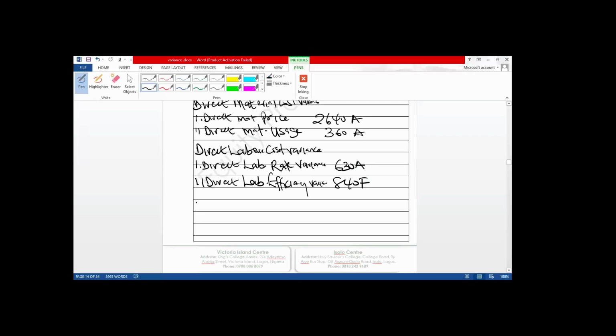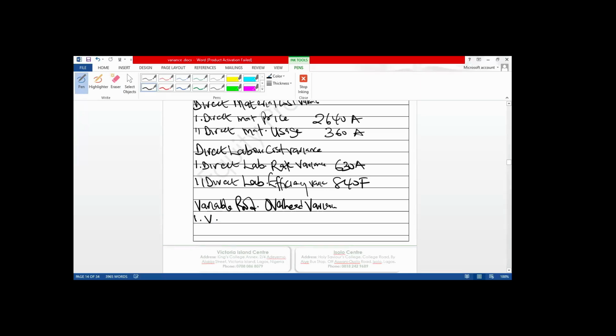Next, your variable production overhead variance. You can divide this into two also.